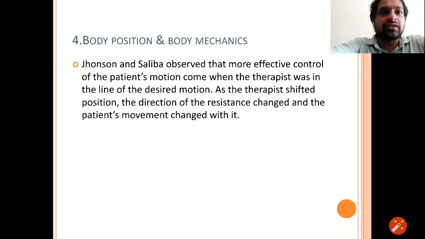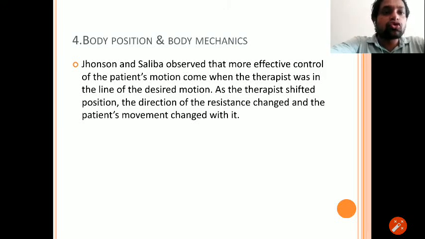Next, the fourth procedure is body position and body mechanics. Johnson and Saliba observed that more effective control of the patient's motions comes when the therapist is in line with the desired motion. As the therapist shifted position, the direction of the resistance changed and the patient's movement changed with it.